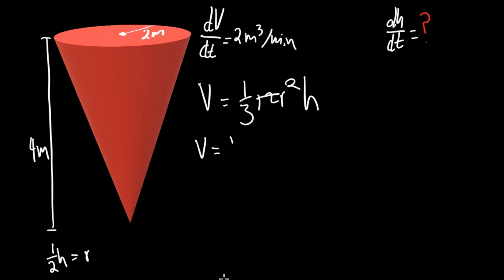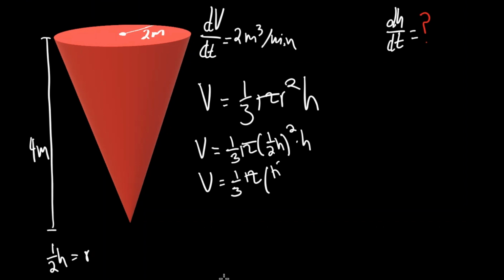V is equal to 1 over 3 pi times (1 over 2 h) squared times height. We can simplify this: 1 over 3 pi, then h squared over 4 times h, which simplifies further to 1 over 3 pi times h cubed over 4.